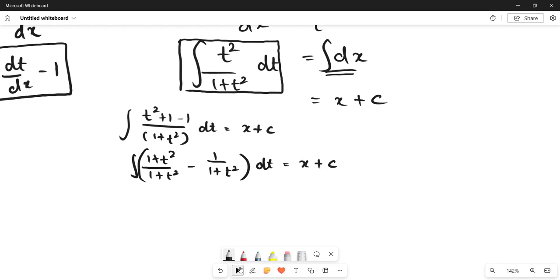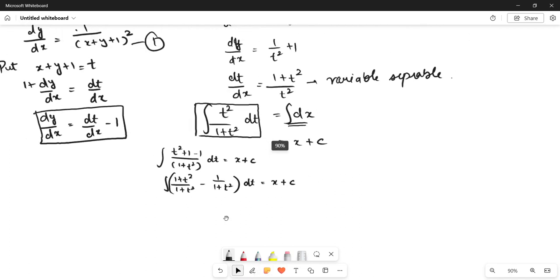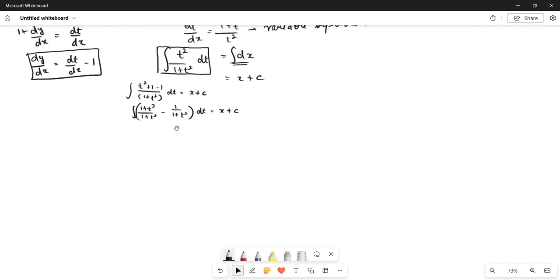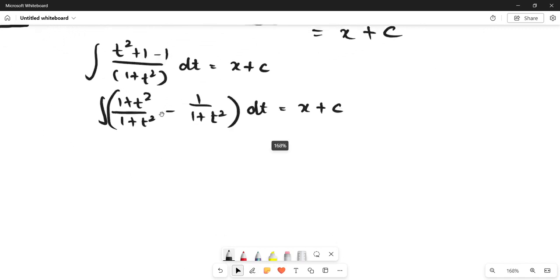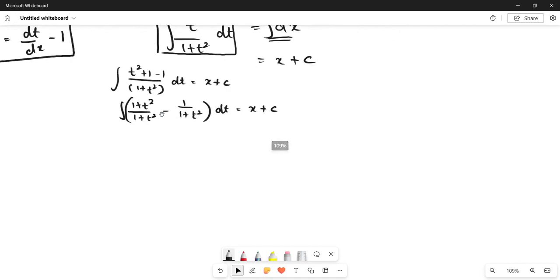Further, the first term cancels out, so you will get the integral of (1 minus 1 over 1 plus t square) dt equals x plus c.